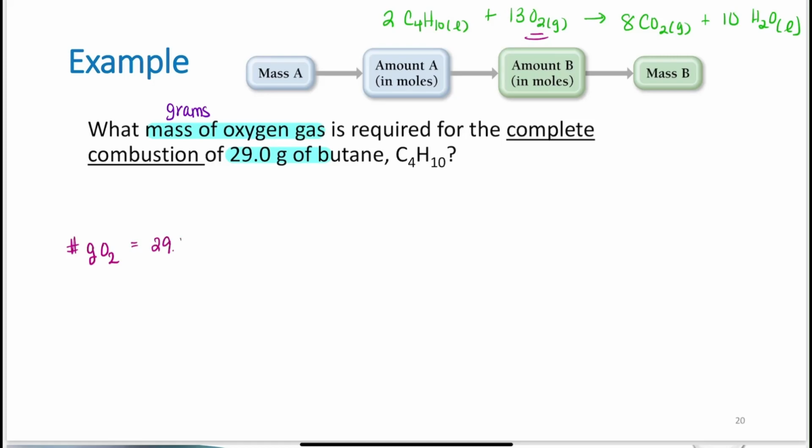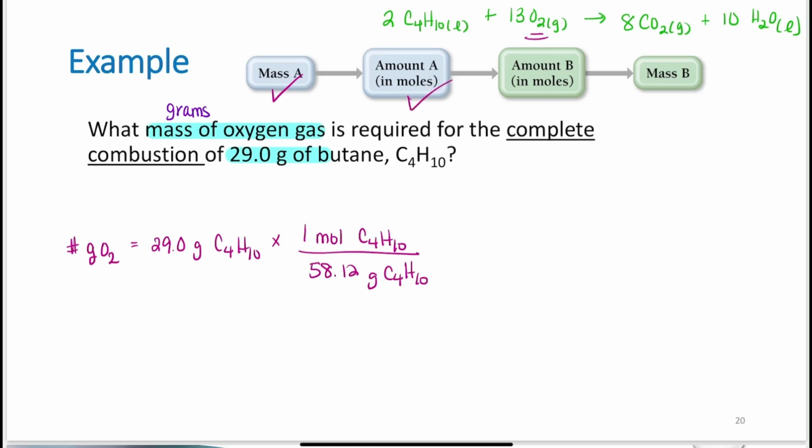Write down what we're given, 29.0 grams of C4H10. So right now I'm here. I need to get to amount of A in moles. So 1 mole of C4H10 divided by the molar mass. The molar mass of butane, if you add this up, 4 carbons, 10 hydrogens, is 58.12 grams per mole. Now I'm here.